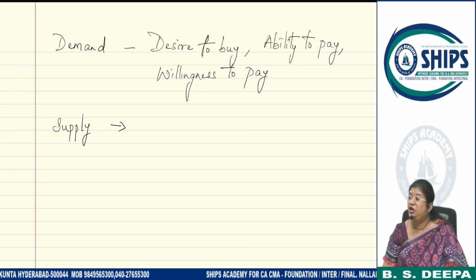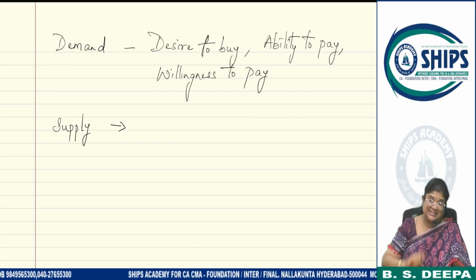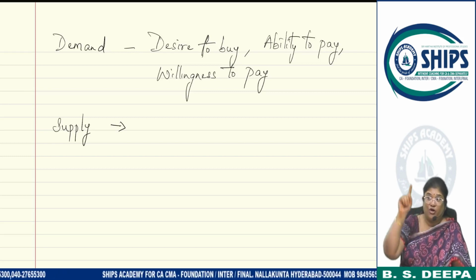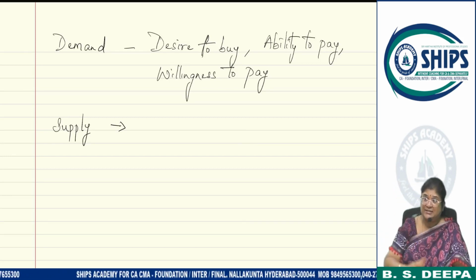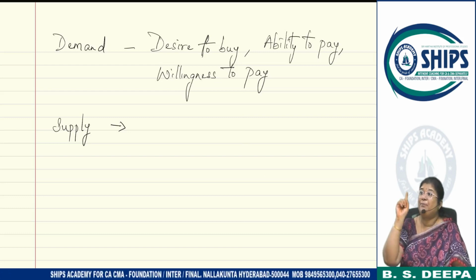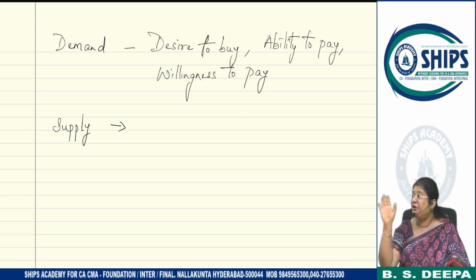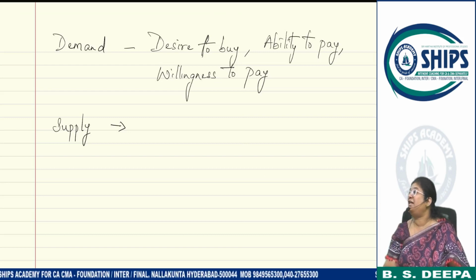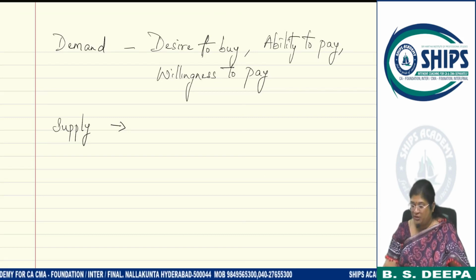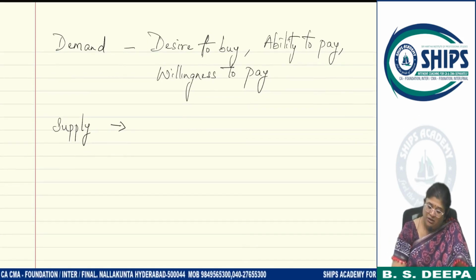The quantity of goods which are offered for sale at a particular price. What you are willing to sell at a particular price at a particular time is what is called supply. So what is supply?